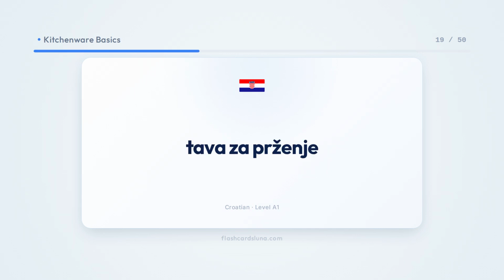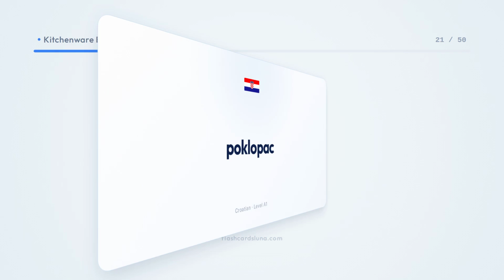Tava za pijarženje. A frying pan. Lončić. A saucepan. Poklopac. A lid.